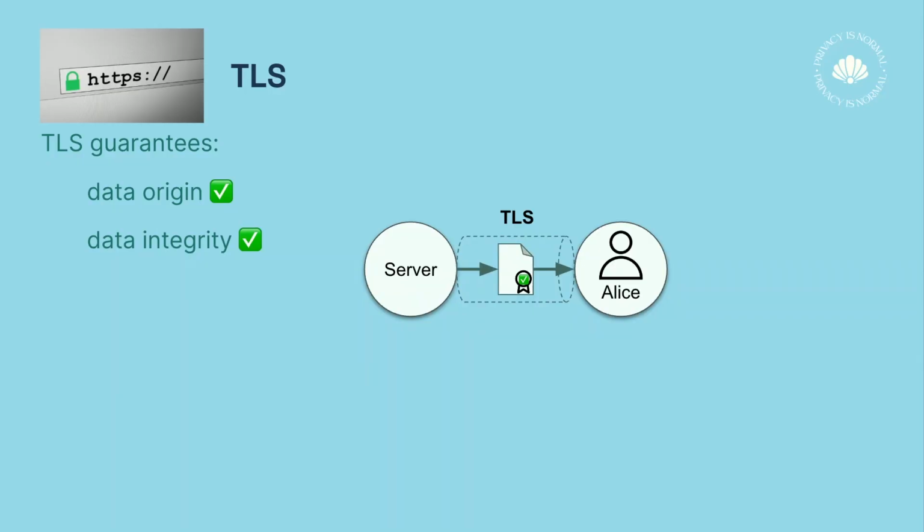So I assume most of you know what TLS is. It's the S in HTTPS, the Transport Layer Security. TLS is a great way to guarantee that when Alice gets data from a server, the data she gets actually comes from the server, and that nobody on the network tampered with that data.